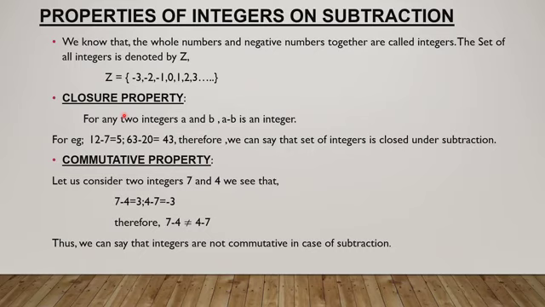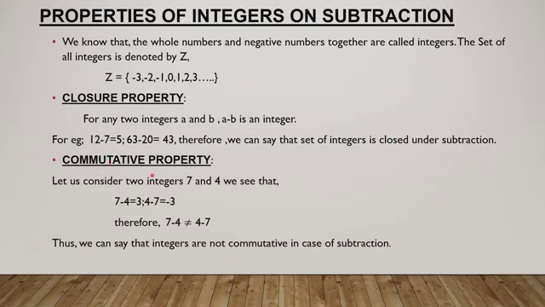Similarly, in case of subtraction also, if two integers are subtracted, the answer that you get is also an integer. For example, 12 minus 7. 12 minus 7 we know is 5. Since all these three numbers are integers, the difference of any two integers is also an integer. So this is your closure property.